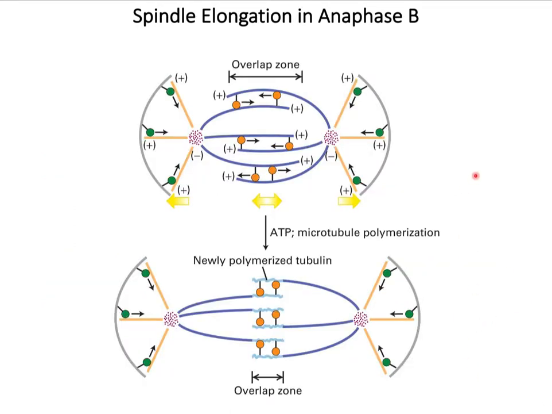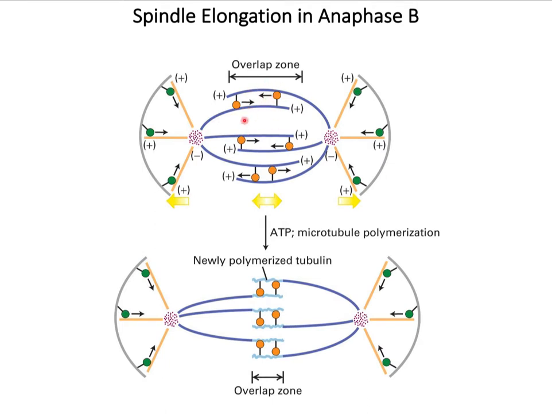Now, if we look more closely at how these polar microtubules and astral microtubules contribute to this elongation event during anaphase, you will see that it's all carried out by the action of microtubule motor proteins, the kinesins and the dyneins. Here in this overlap region of the polar microtubules, you have some kinesin.